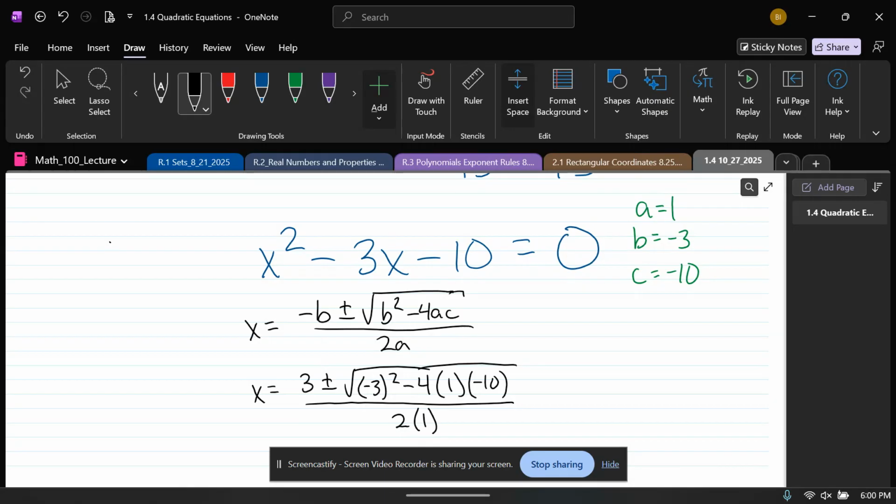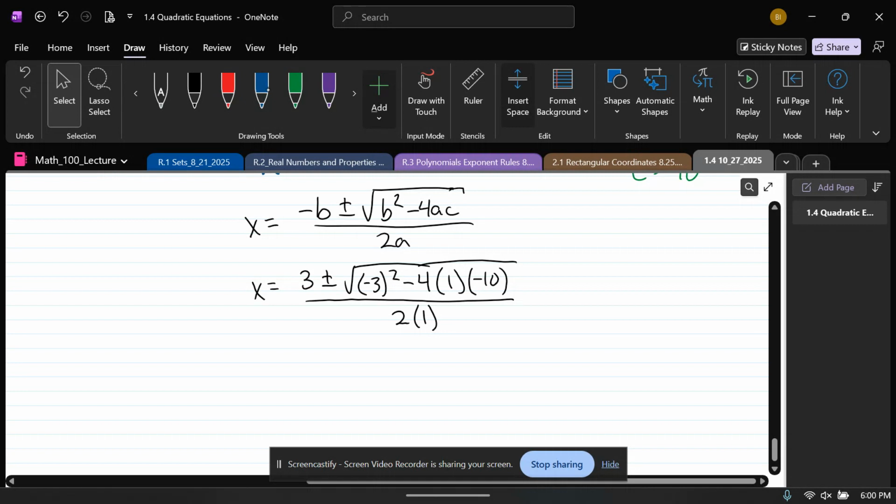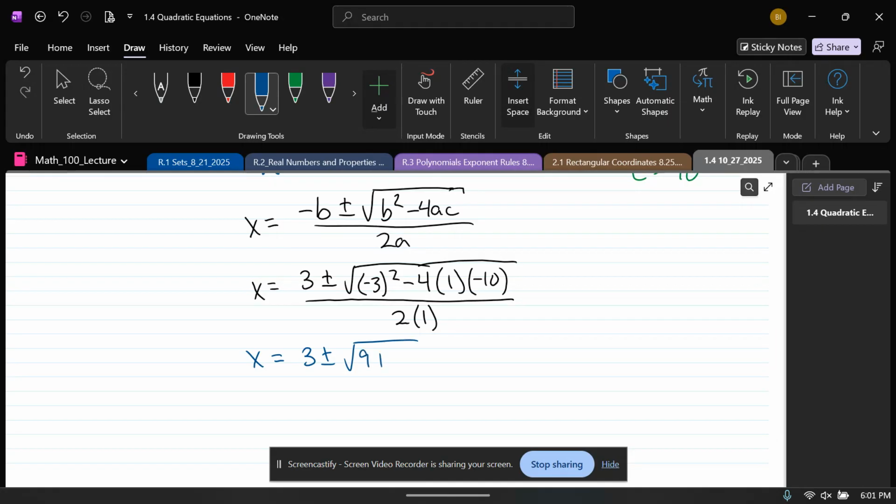Then I've got b squared, so that's -3 squared, minus 4 times a times c, all divided by 2a. So I'm simplifying that, going inside of that square root. That's going to be 9 plus 40. And then it's got a 2 on the bottom.